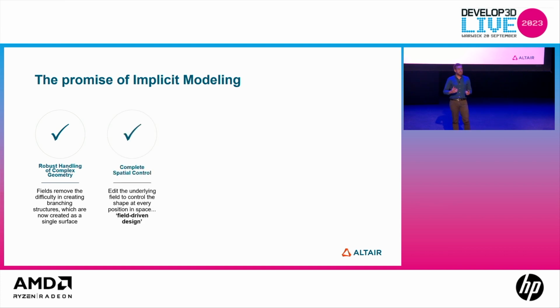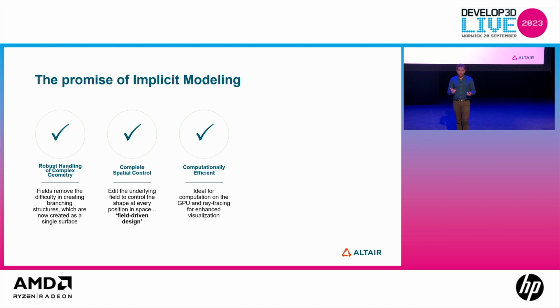We want complete spatial control over the geometry. Because we're representing this geometry as a field, we should be able to say at exactly every point in space what the spatial parameters are, so you can get really fine-tuned control on your geometry.